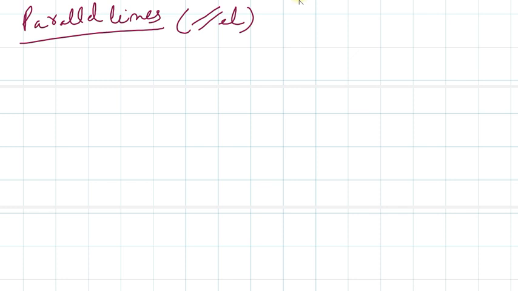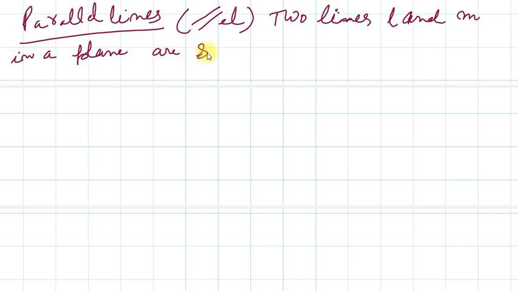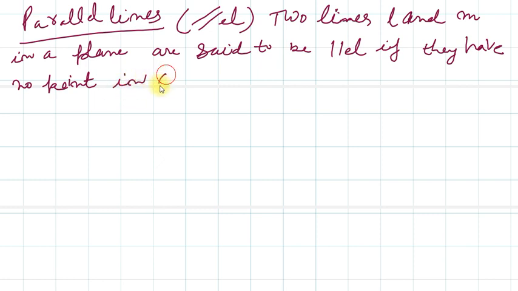So two lines, suppose L and M, in a plane are said to be parallel if they have no point in common, right?